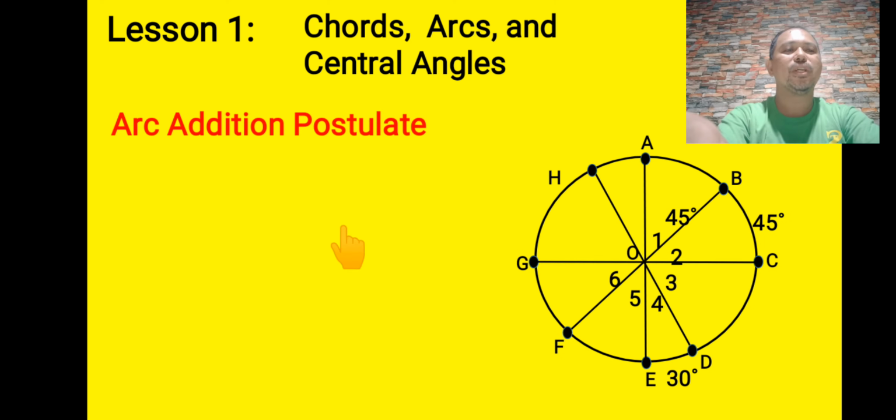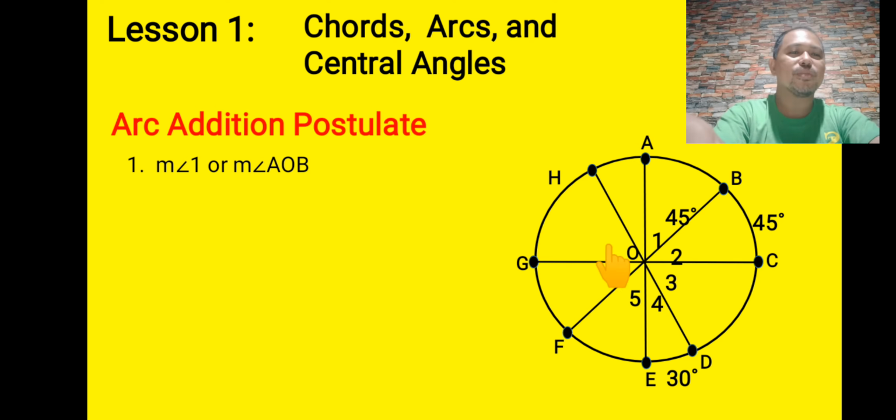Okay, so first, what is the measure of angle 1 or measure of angle AOB? So we name this as measure of angle 1 or measure of angle AOB. And number 2, what is the measure of arc AB? So what is the measure of this arc?